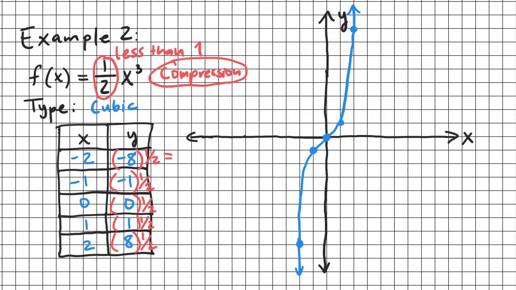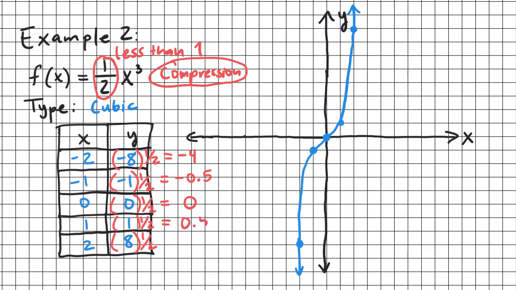What is -8 times 1/2? That's -4. What's -1 times 1/2? That's -1/2, or we can say -0.5. 0 times 1/2? 0. 1 times 1/2?